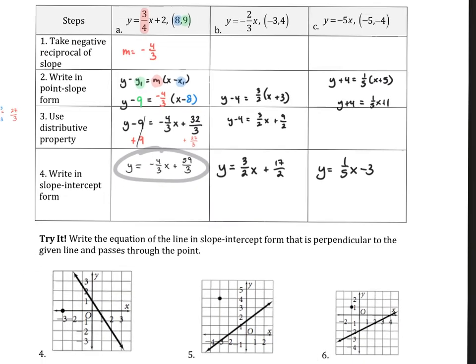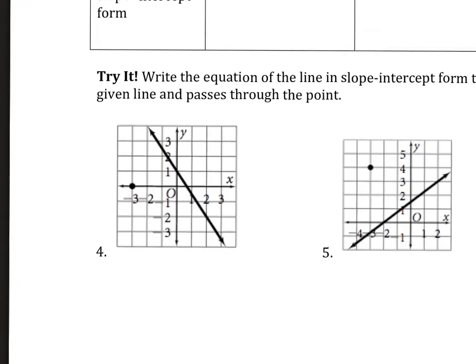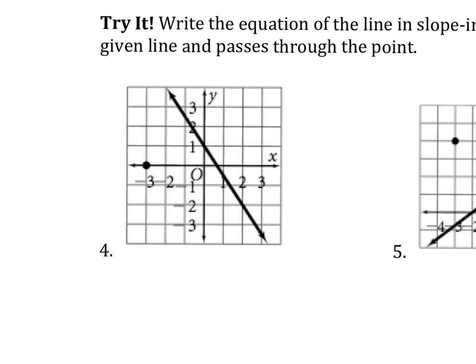And here you go. Now the same thing is going to happen here. Now let me just show you graphically what's happening here. Notice that's this slope. If I start here and go down to this nice place here, it goes down 1, down 2, down 3, right 2. Okay, so now in this one, I'm going to go up 2 and right 3. So to this point right here. So when I graph it, notice that we are going to have a perpendicular line right there.